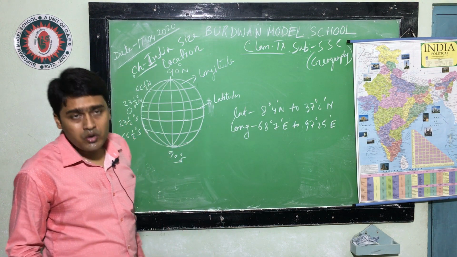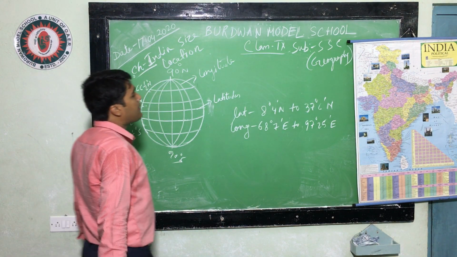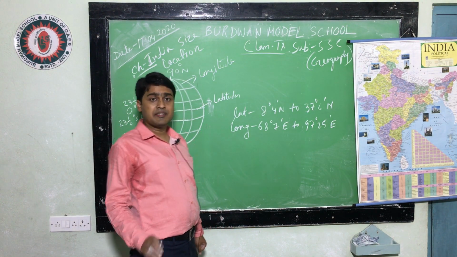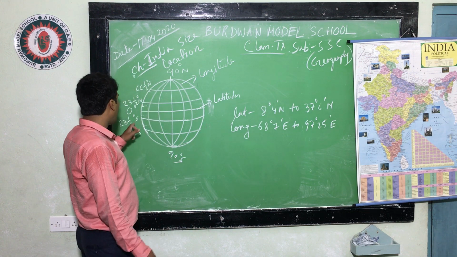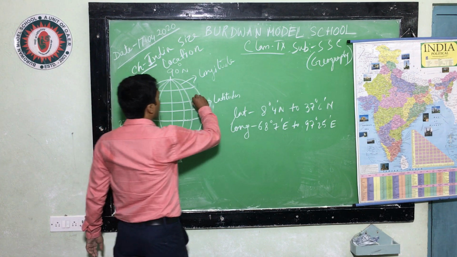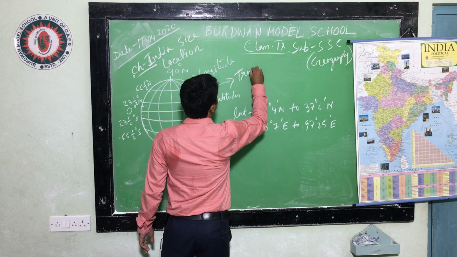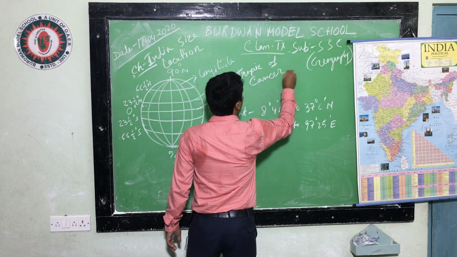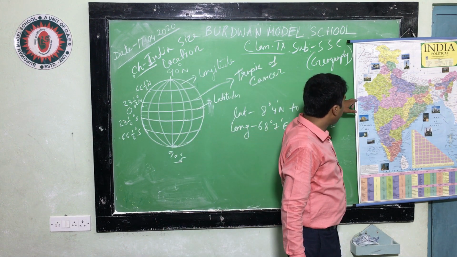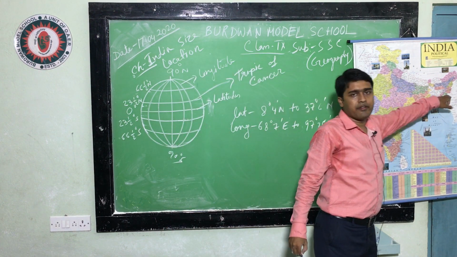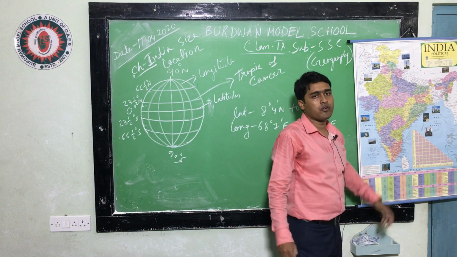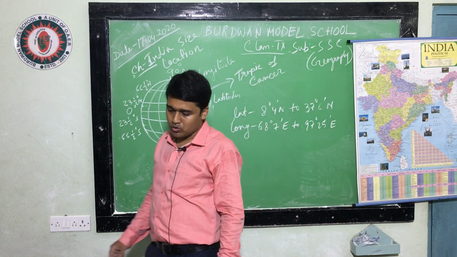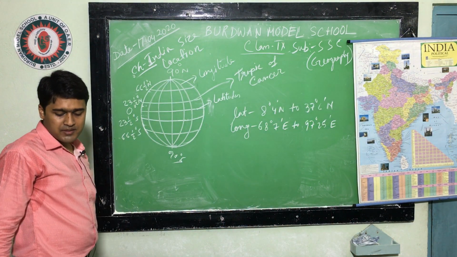Also, one most important imaginary line, 23.5 degree north, is called the Tropic of Cancer. The Tropic of Cancer passes through the middle portion of our country and divides our country into two equal halves. This is important information.